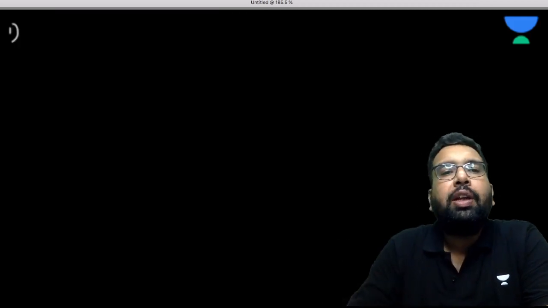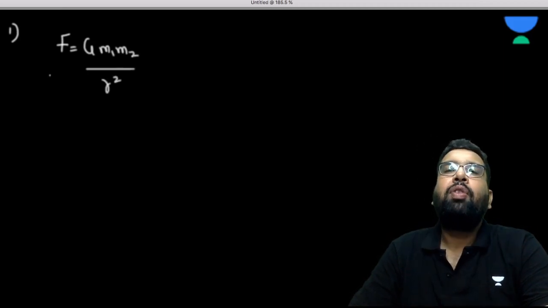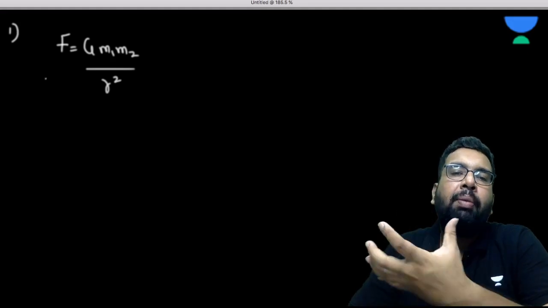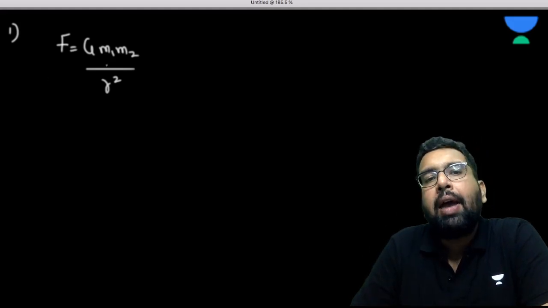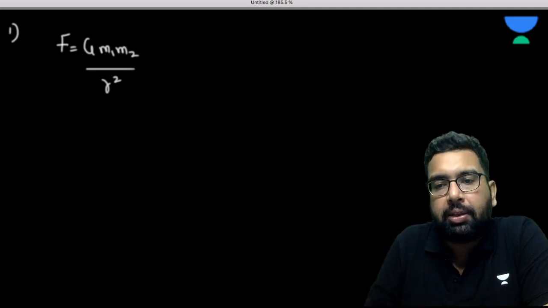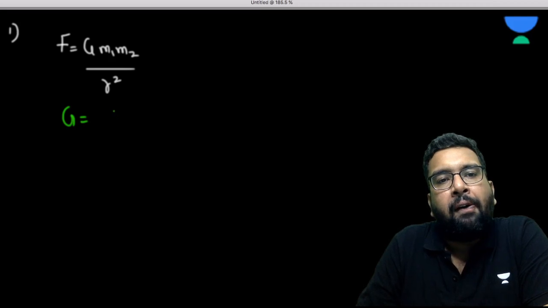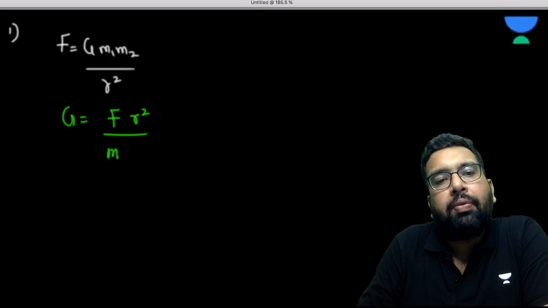We know that F is equal to G m1 m2 upon R square. F is the force of attraction between the two masses, M1 and M2 are the masses, and R is the distance between the masses. So from here I can write G is equal to F R square upon M1 M2.